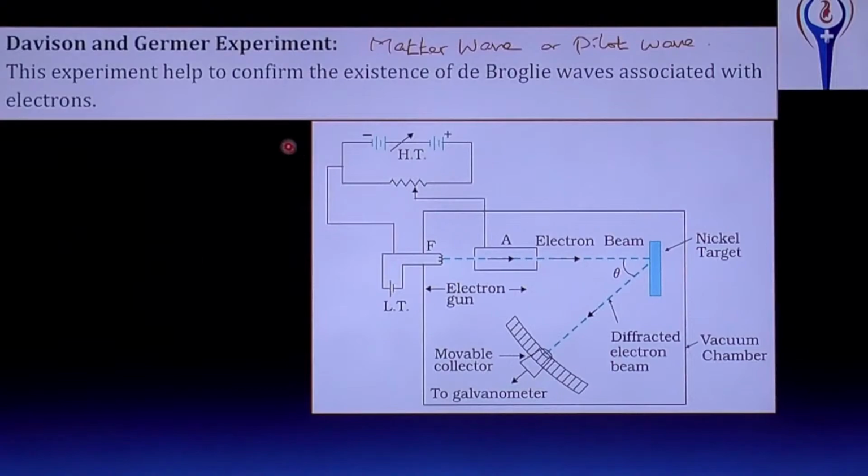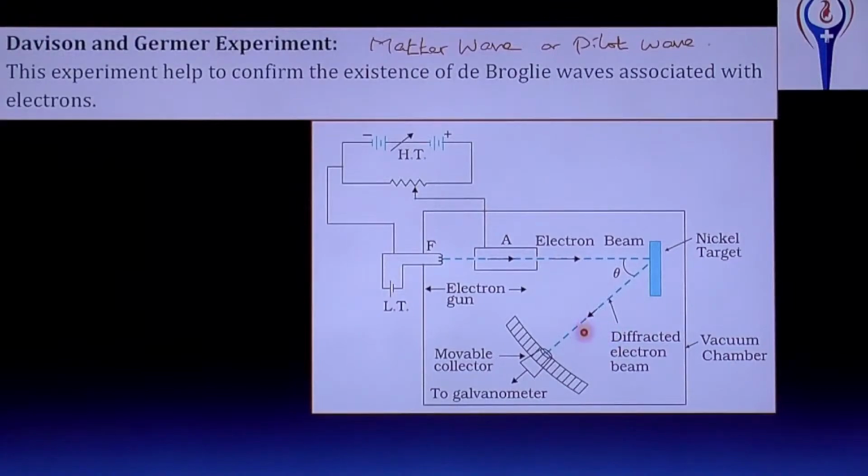And the proof of the existence of the de Broglie wave is the Davisson and Germer experiment. Here finally we get a diffraction pattern. An electron beam is allowed to fall on the nickel target and the galvanometer is adjusted. Finally we get a diffraction pattern.